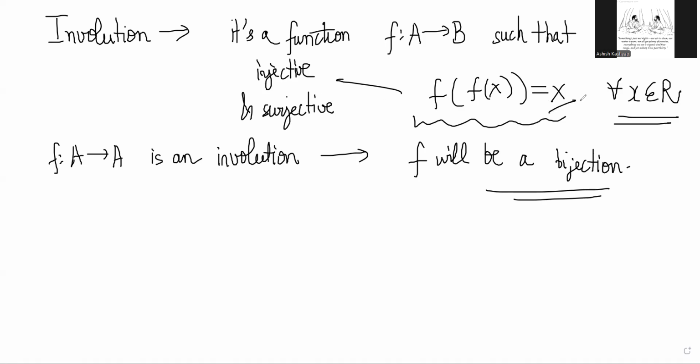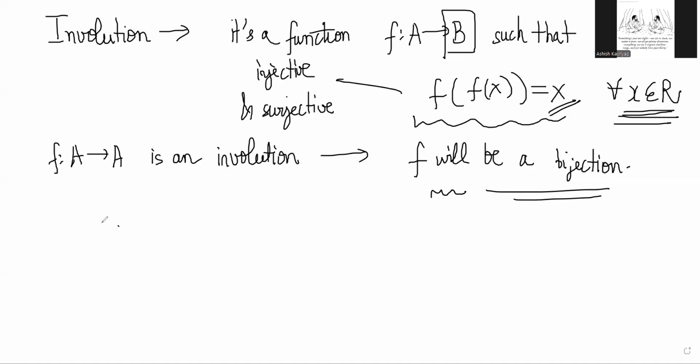Surjective because here the x can be all reals and as long as b is the set of real numbers, then it is also surjective. So then this function will become a bijective function. In fact, if you think about it, an involution is simply like a permutation. Different elements as inputs are permuted to give different elements of the same set as the output, right?